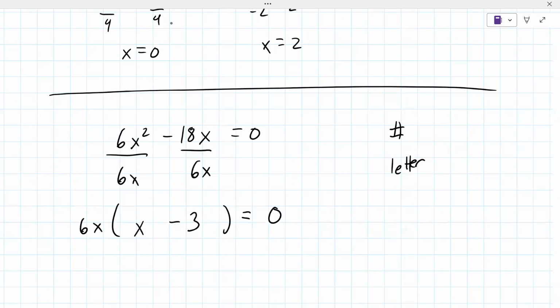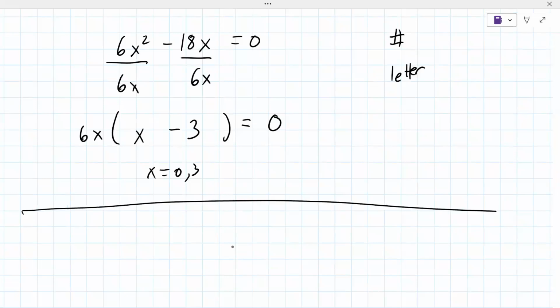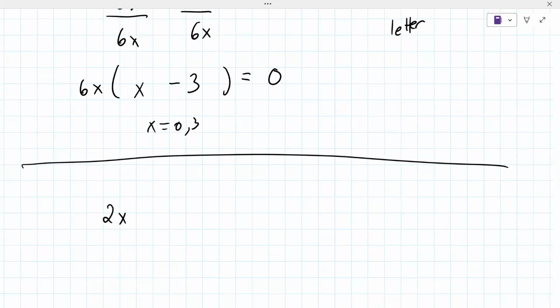Okay. So now I want you to solve this for us, please. x equals 0. x equals positive 3. So x equals 0 and positive 3. Good. Okay. Any questions before I kind of throw another little wrinkle at you here? No. All right. So how about 2x squared minus 10x equals 0?